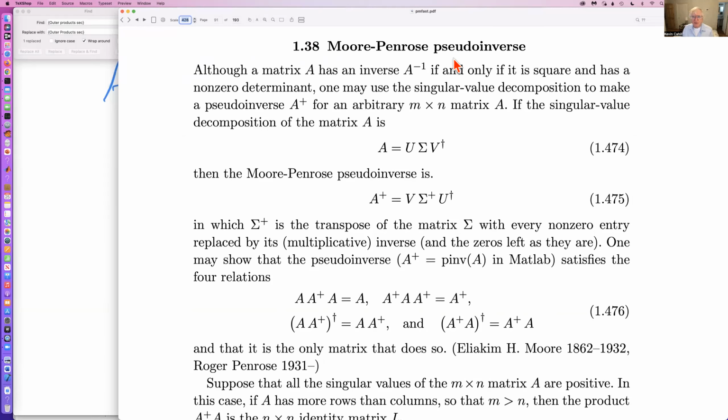There's something called the Moore-Penrose pseudo-inverse. Penrose, by the way, is a mathematician who's worked in physics, especially gravity.